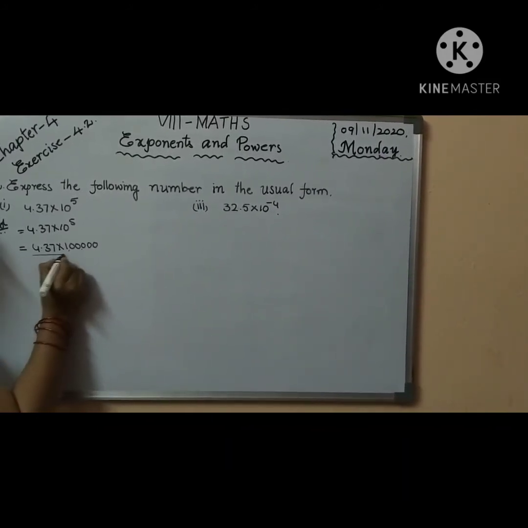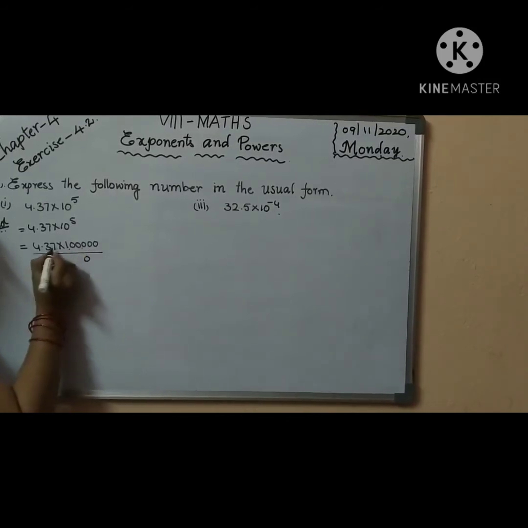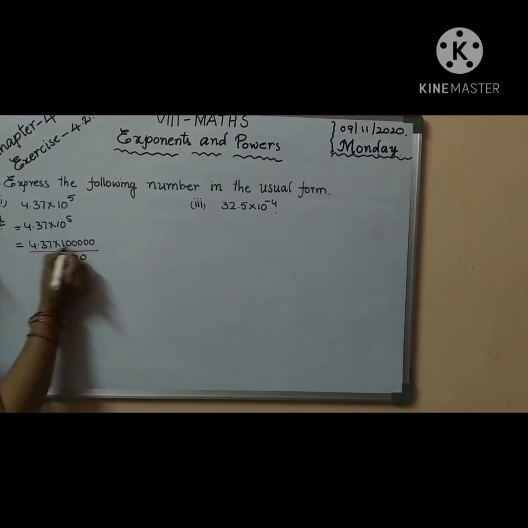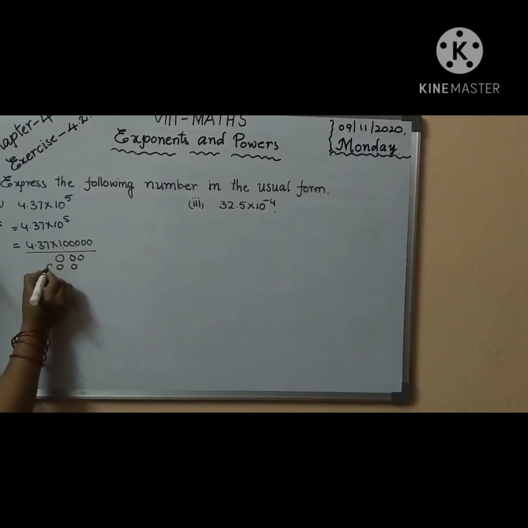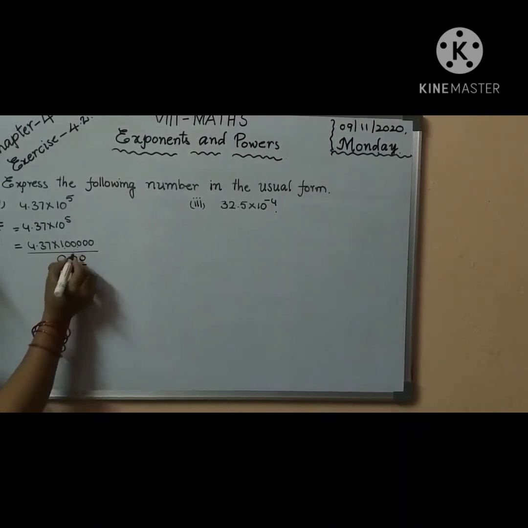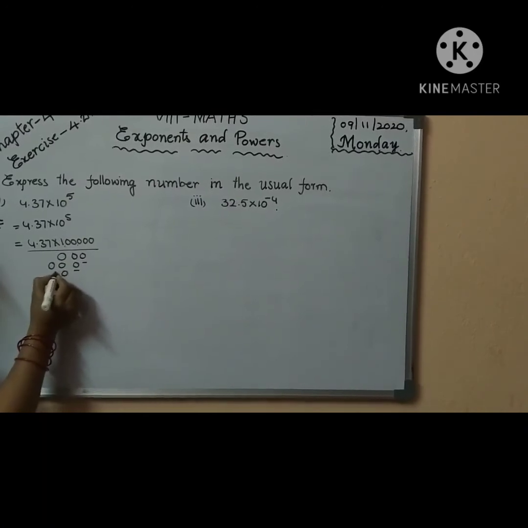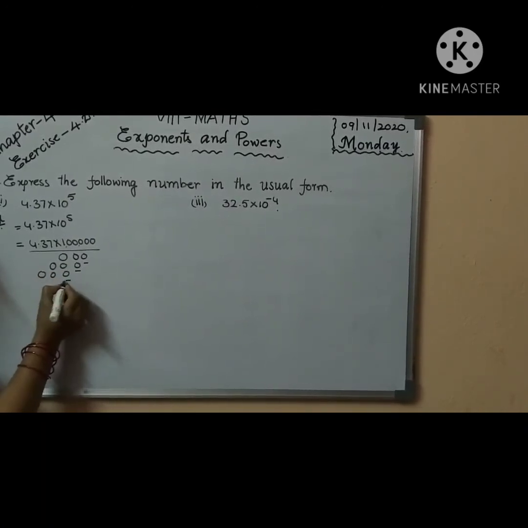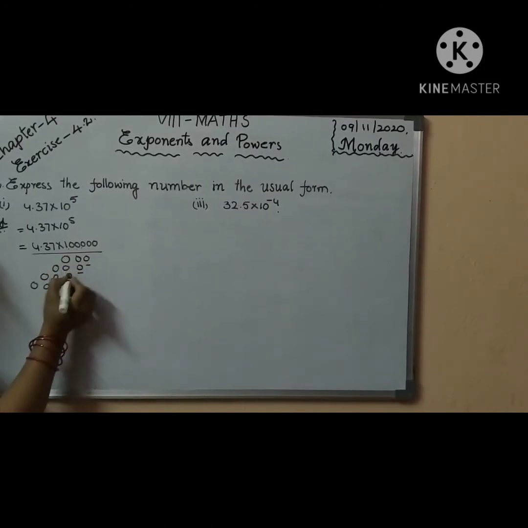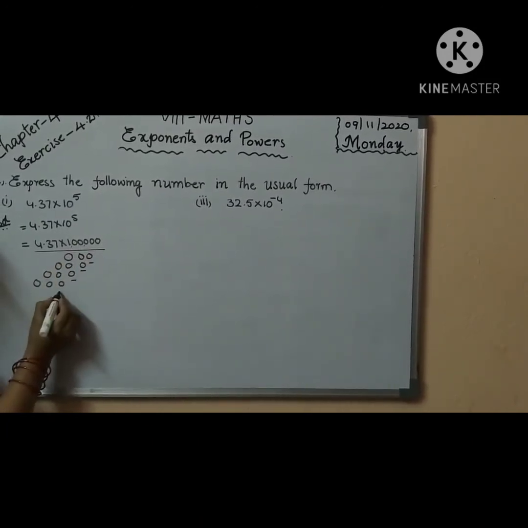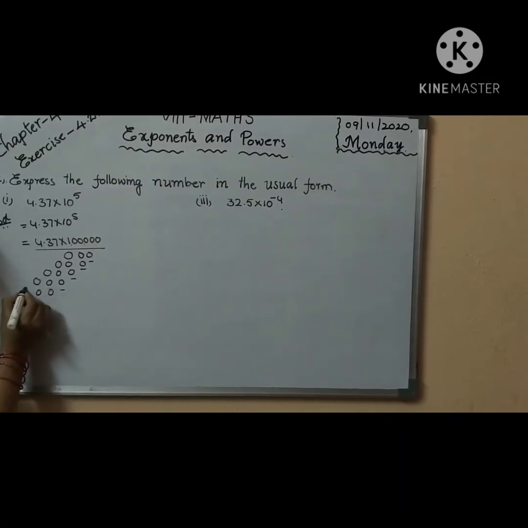So here multiply that: 0, 0 7s are 0, 0 3s are 0, 0 4s are 0. After again 0, 0, 0. Next 0, 0, 0. Next 5 times 0, 0. Fifth one 0, 0, 0.